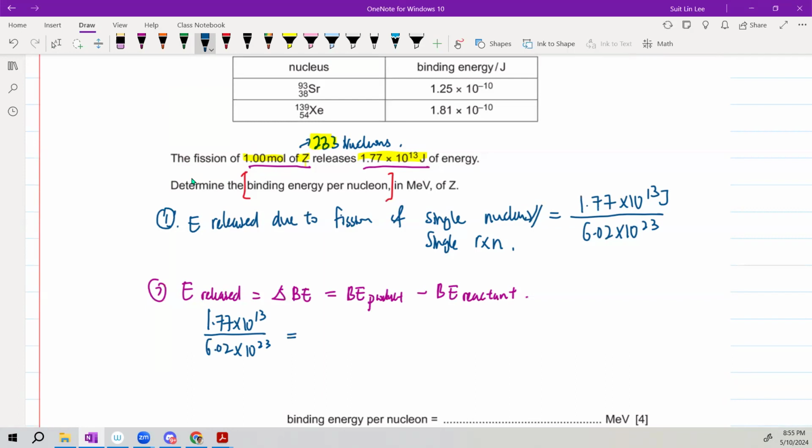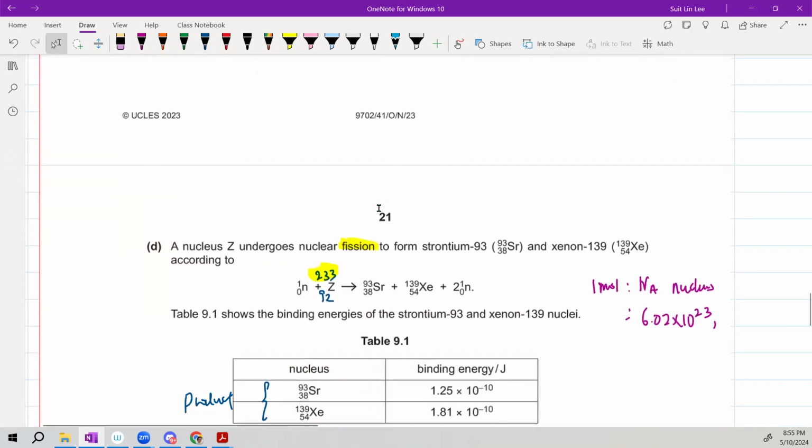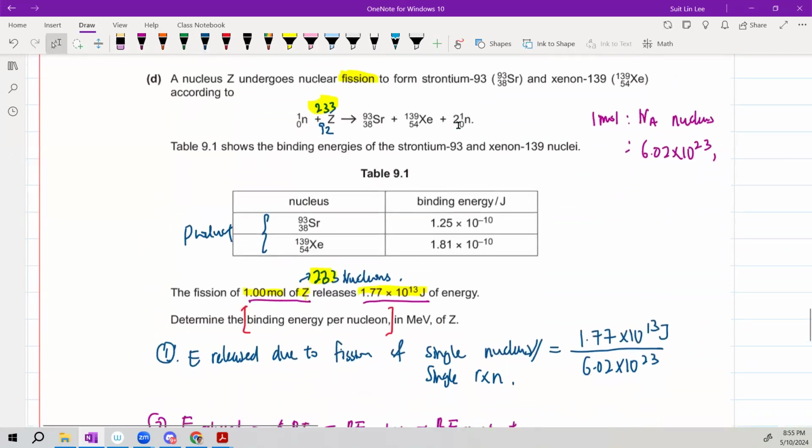Okay. Binding energy of the product. Product is strontium and xenon and two neutrons, correct? The two neutrons are free. They are not bound to anything, so no binding energy for these two.